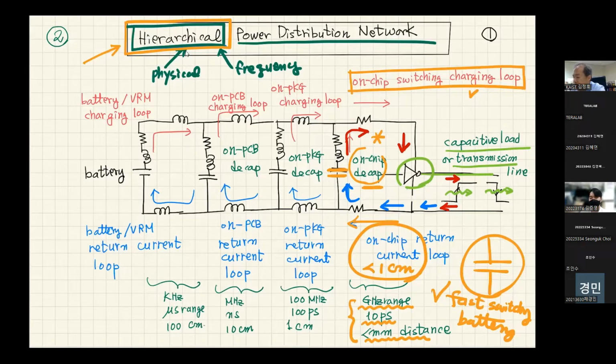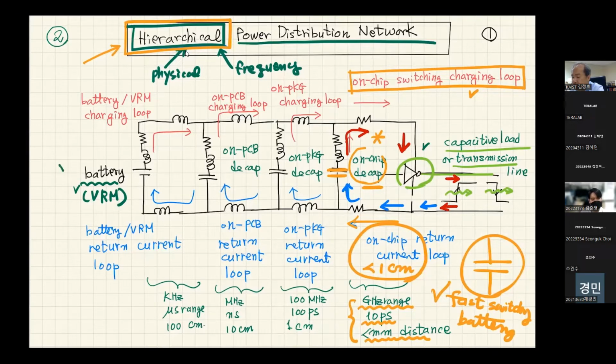For example, let's assume you are supplying this switching charge inside the chip from an off-chip battery, or VRM. If the distance between the battery and your I/O driver is more than a centimeter, that distance may not be acceptable for very high frequency switching.